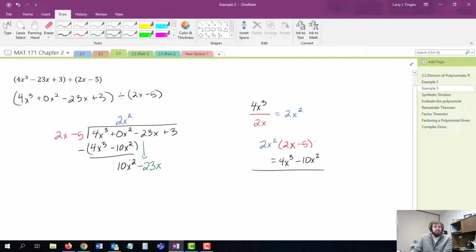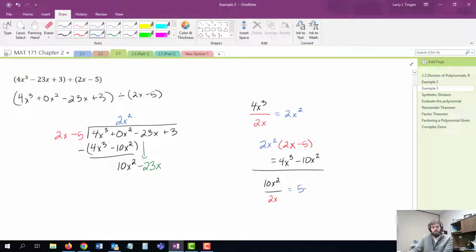Here's my new leading term. What do I need to multiply 2x by to get 10x squared? Or what is the quotient of 10x squared divided by 2x? Both of those get you the same result. 10 divided by 2 is 5.